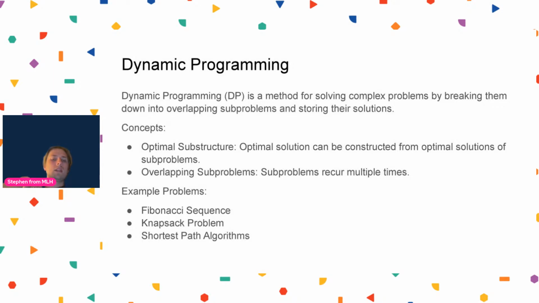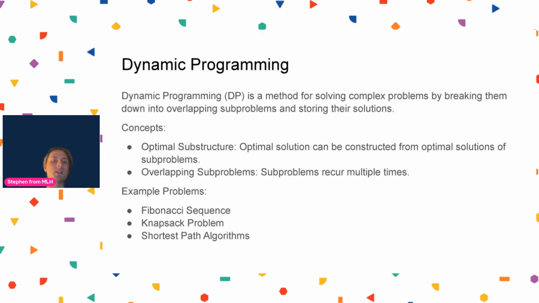So the idea here is that we might be able to find some optimal substructure such that the optimal solution is constructed from the optimal solutions of subproblems. And overlapping subproblems means that subproblems could recur multiple times throughout the code.